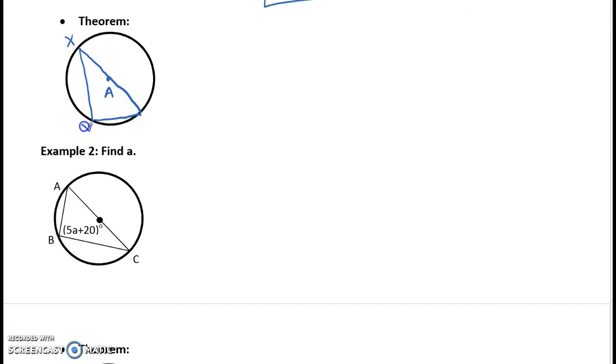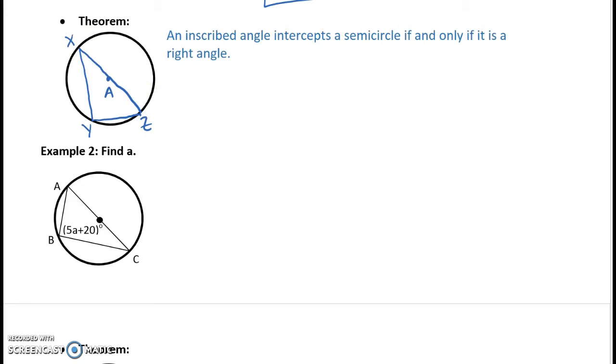So let's call that x, y, z. Take a moment and I want you to think what the measure of that angle y would be based on the idea that xz is a diameter. Well, hopefully you guessed that since your diameter cuts your circle in half, and that's 180, we divide 180 by 2 to get a right angle.